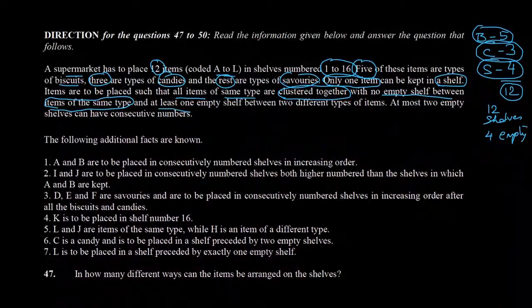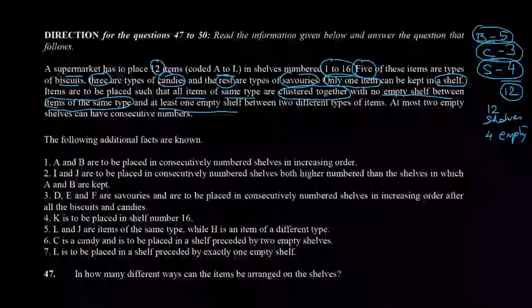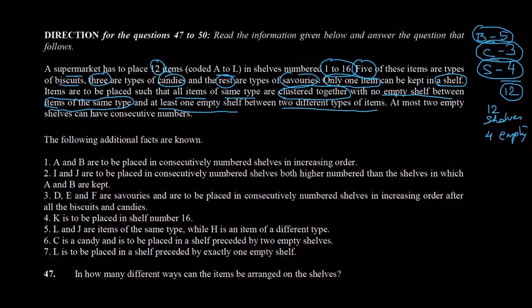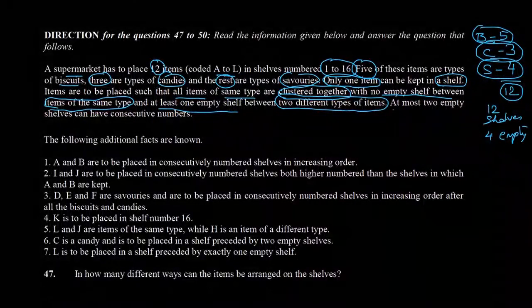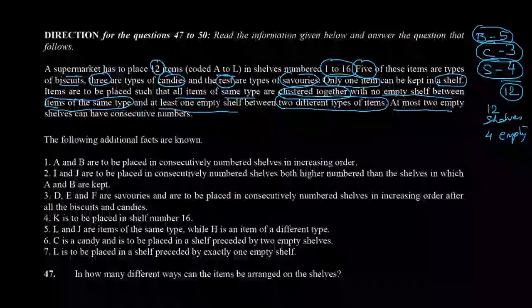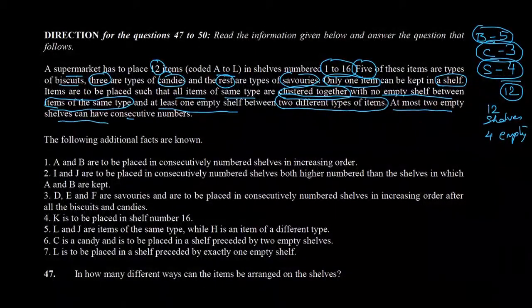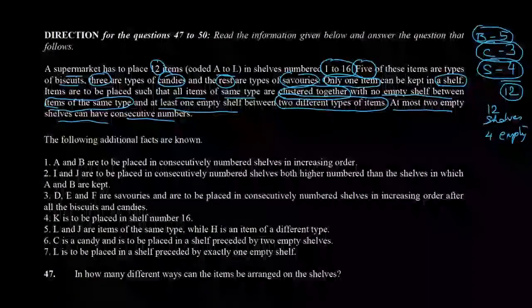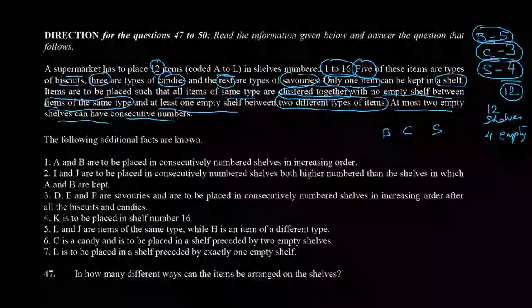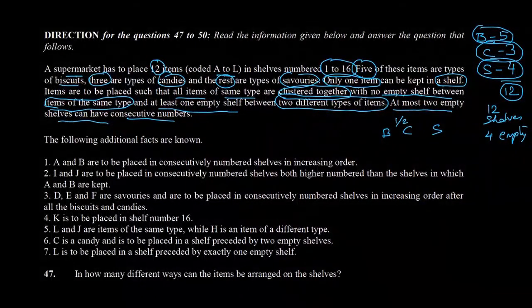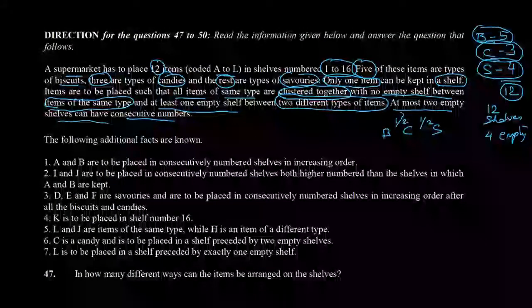And at least one empty shelf between 2 different types of items, and at most 2 empty shelves can have consecutive numbers.